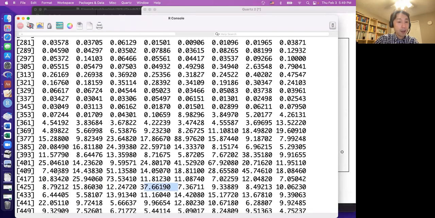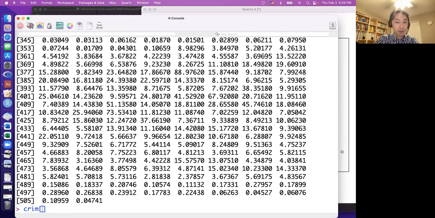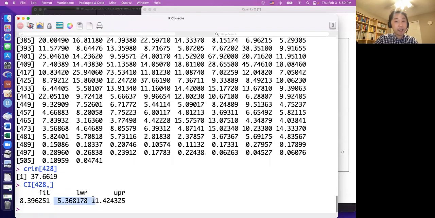428th observation. The 428th observation has a crime rate of 37%. So then you can see the expected house value is much lower. The expected value is 8.39, and with the lower bound, 5.36 to 11.4.